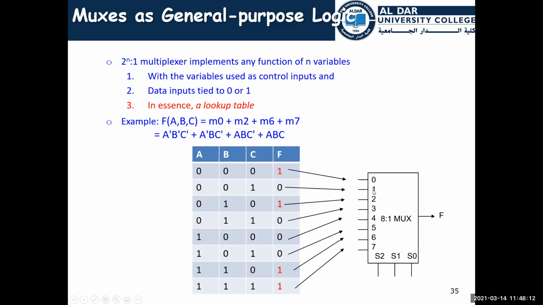Okay, and then this to low voltage, high voltage, low, high. Okay, and the output will be according to the selection lines, representing the input variables. So if the input is 0, 0, 0, the output will be 1. If the input is 0, 0, 1, the output will be 0, and so on.